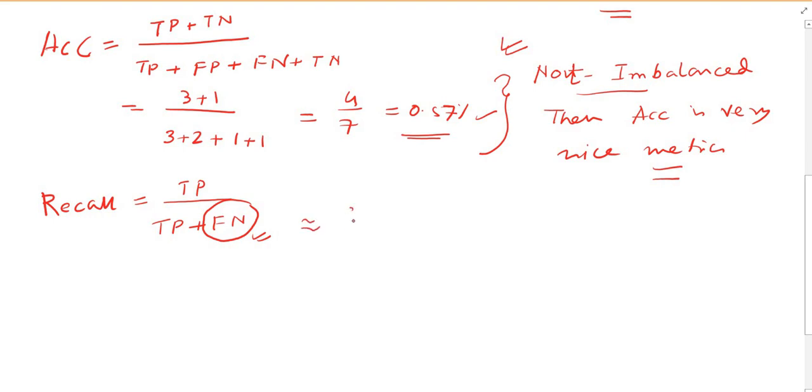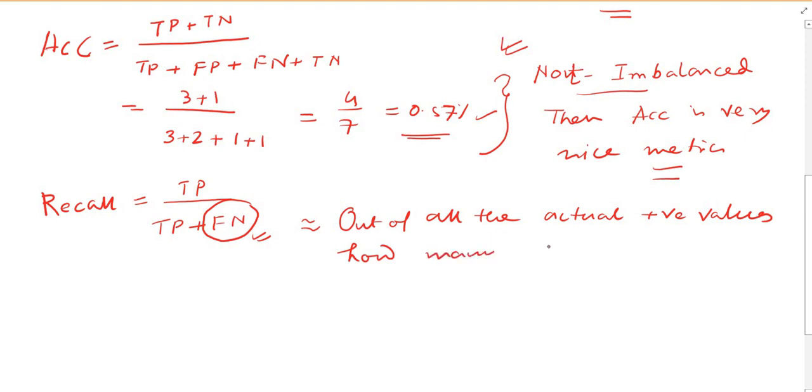It's saying out of all the actual positive values, how many of them are truly predicted 1. So this is very important.